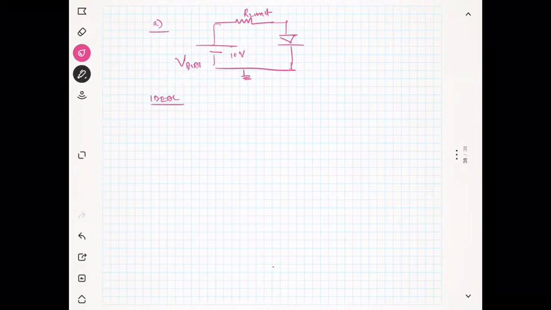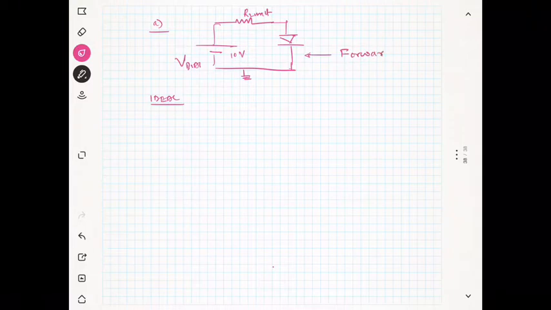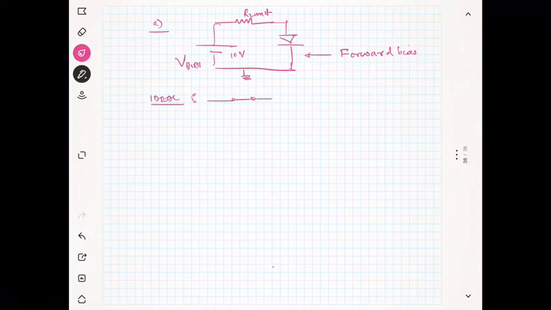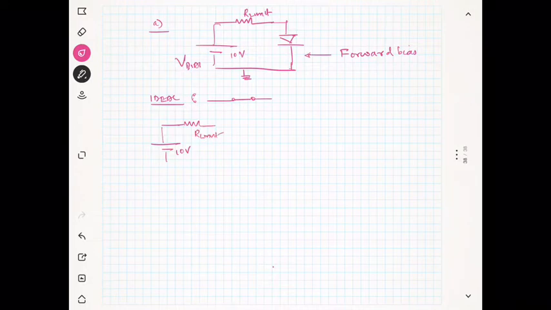For the ideal model, you see this circuit is forward bias. So we can say that the diode can be replaced with a short circuit. That is the case in the forward bias for the ideal model. So this is 10 volt. I have the resistance R limit, and the diode I am going to replace with a short circuit.